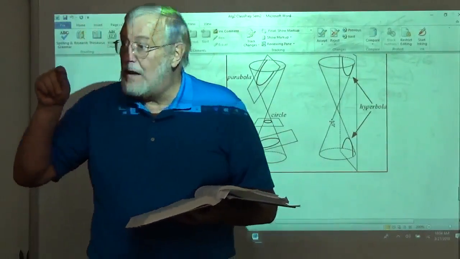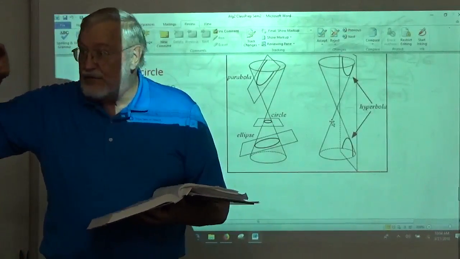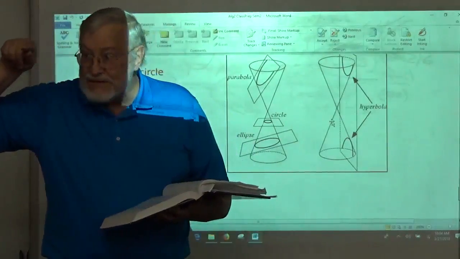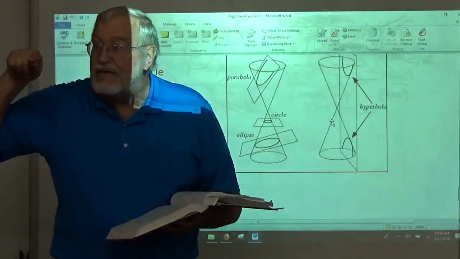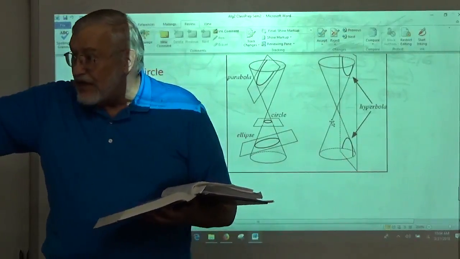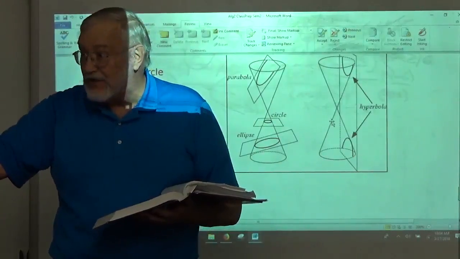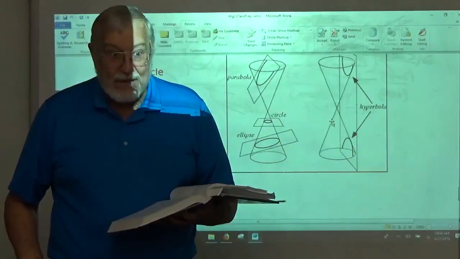Even with the ellipse, the major point is in the center of the ellipse. So if you're greater than the ellipse, you're going to be outside of the ellipse. If you're less than the ellipse, it means you never made it to the line, and so you're inside. Okay, that's all that issue.